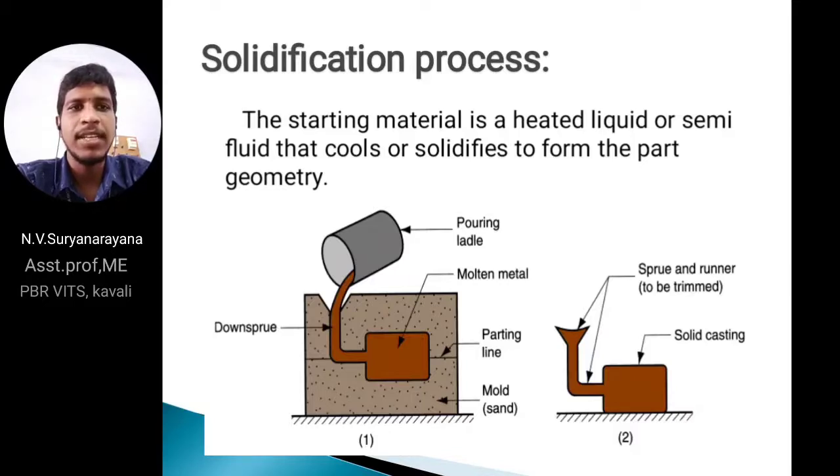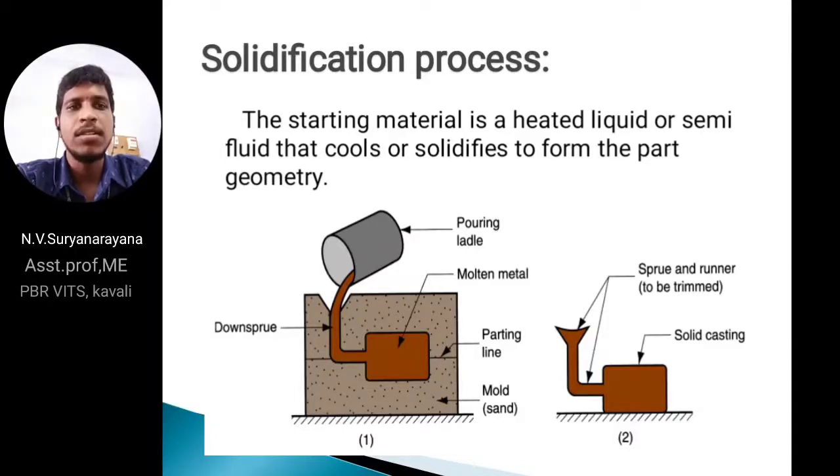The orange one is the cavity, and the surrounding parts will be mold sand or green sand. We already know that green sand is the combination of sawdust, red soil, clay and water.